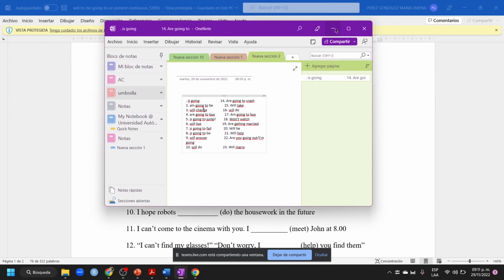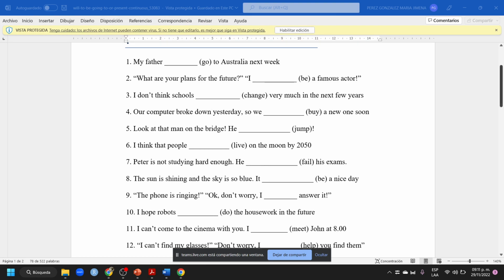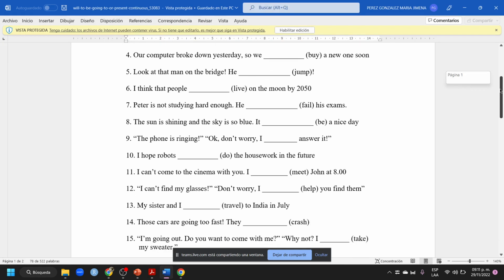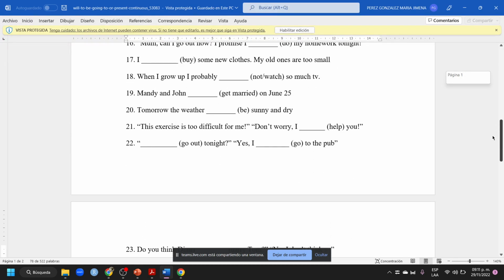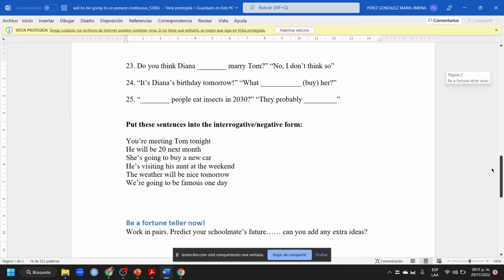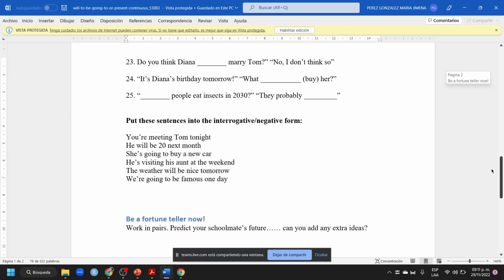¿Dudas? ¿Preguntas? No, ninguna. Ok, entonces, si no hay dudas, si no hay preguntas, vamos a terminar la clase por el día de hoy, ¿vale? Okay.